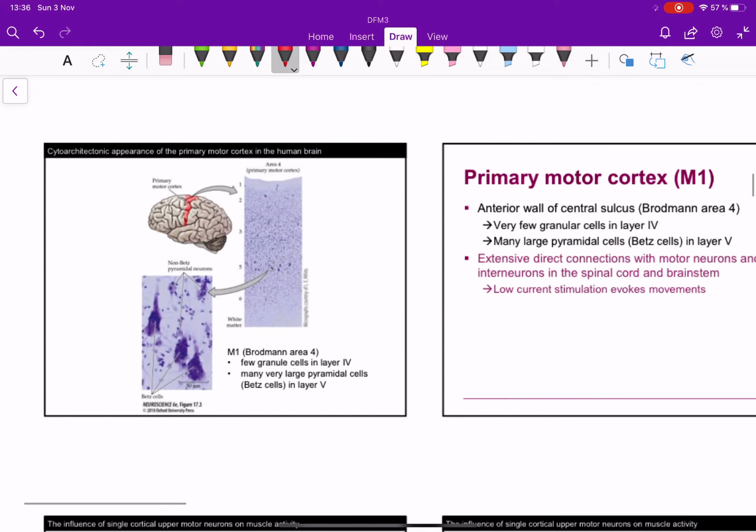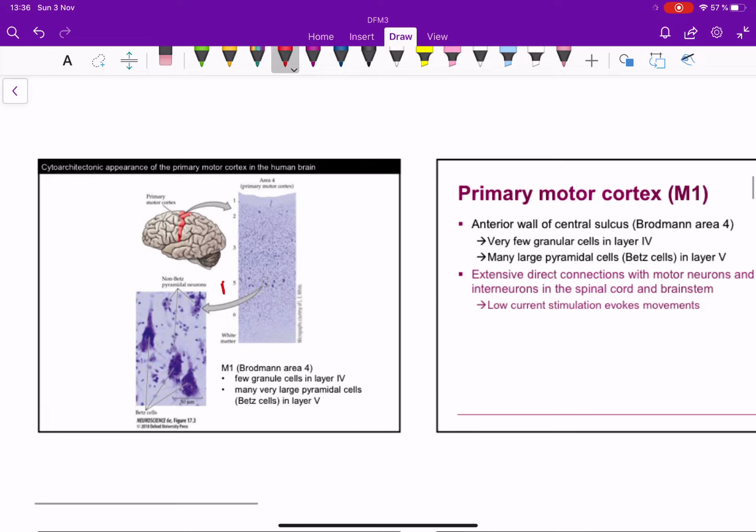When we zoom in, we can see pyramidal cells like these, at layer 5.